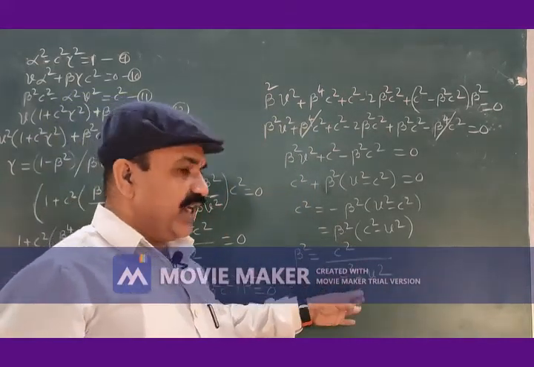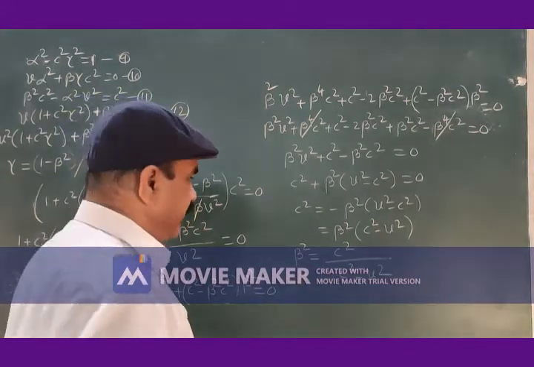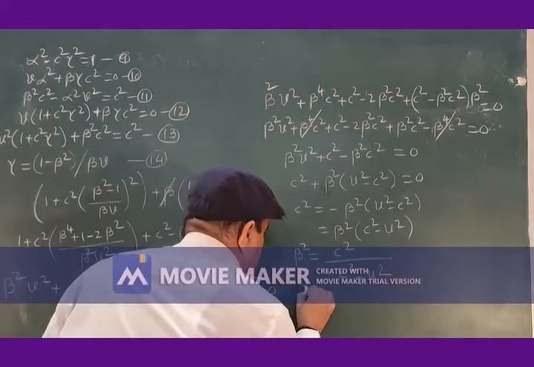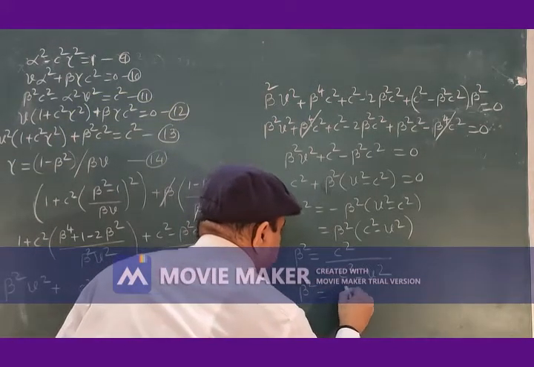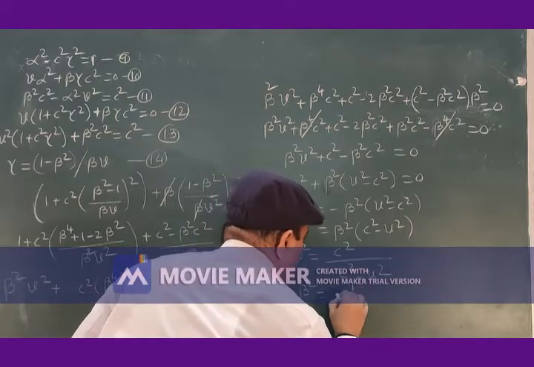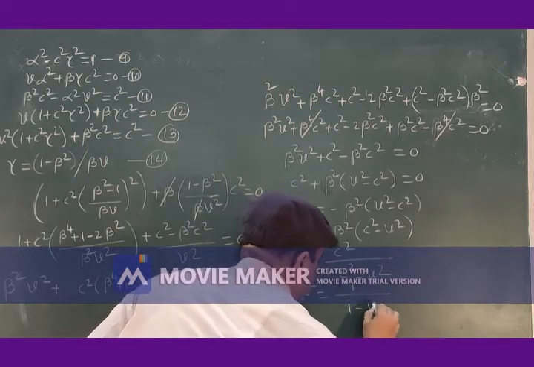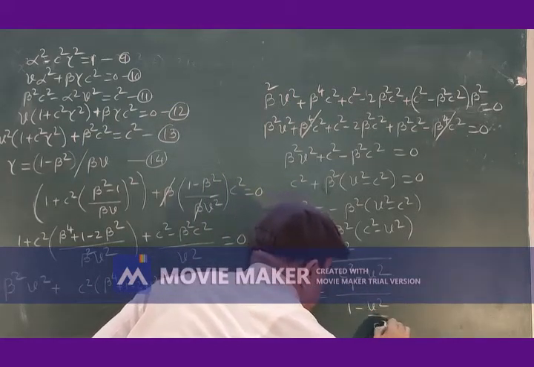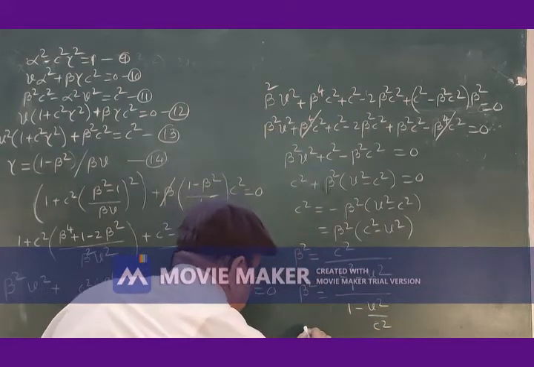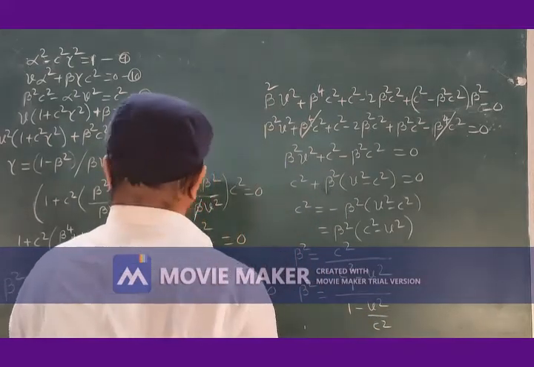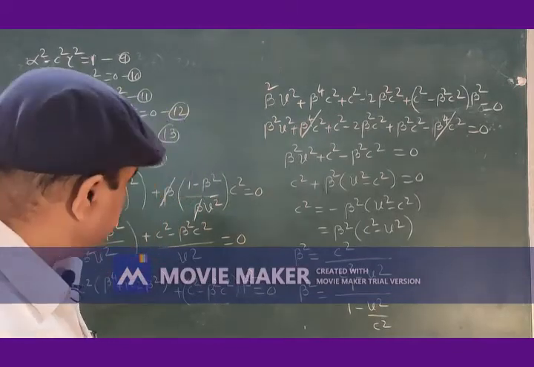Divide numerator and denominator both by c square to get beta square is equal to 1 divided by 1 minus v square by c square, or beta is equal to, let us come back here.